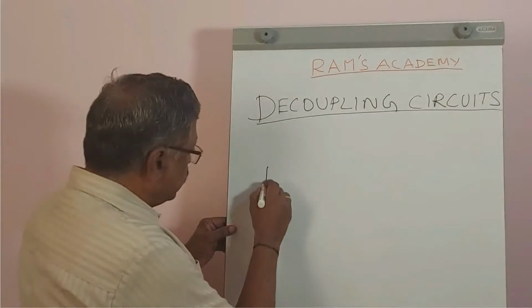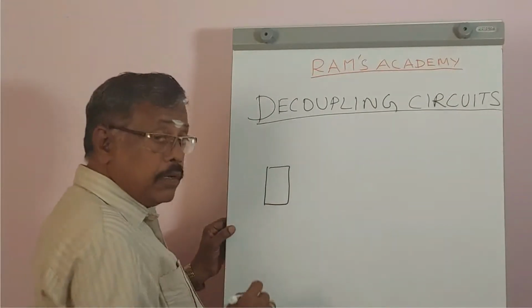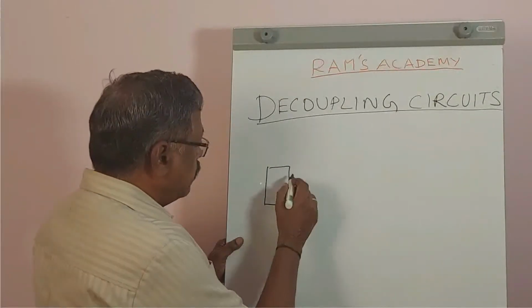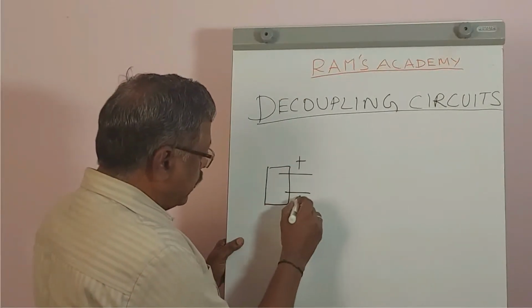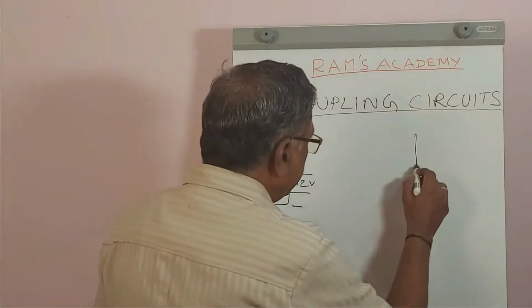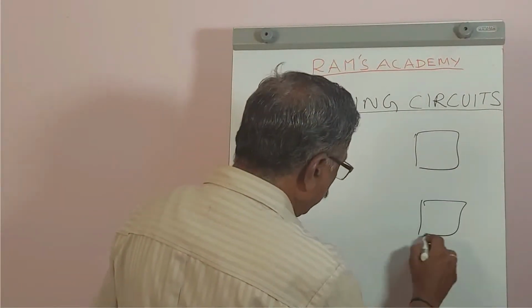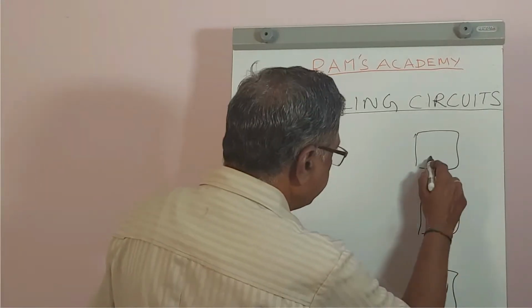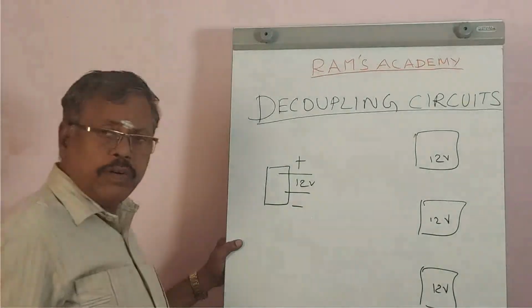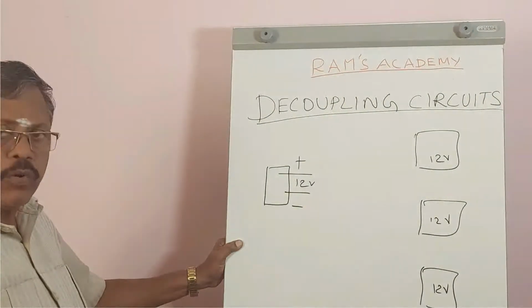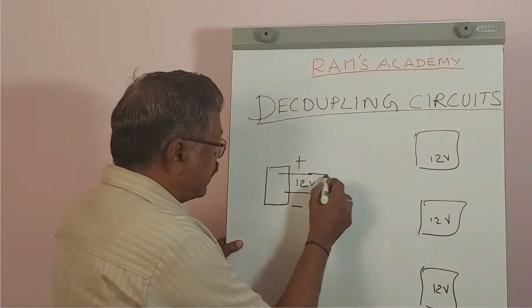As I said, there is going to be an SMPS power supply or a linear regulator power supply, with plus and minus 12 volt. There are going to be 3 or 4 stages, all working under 12 volt only, and they can be connected in parallel.